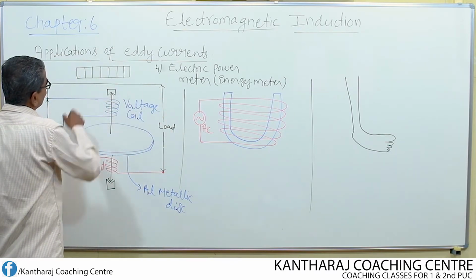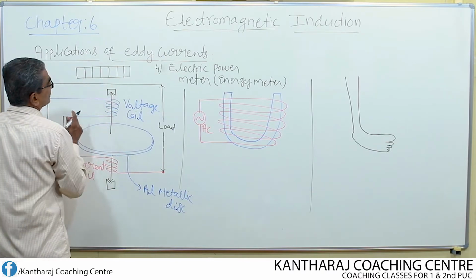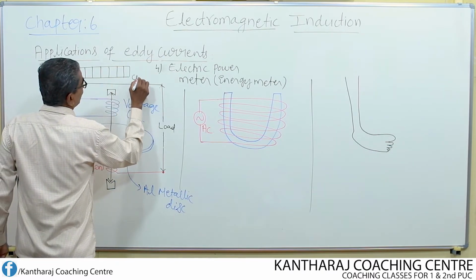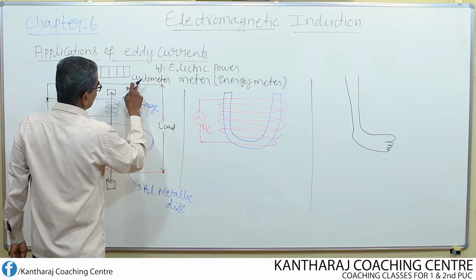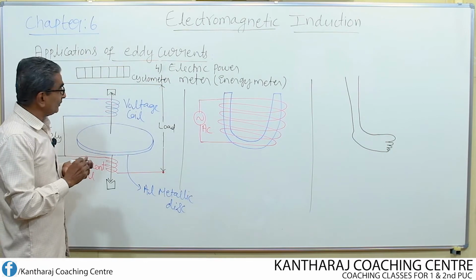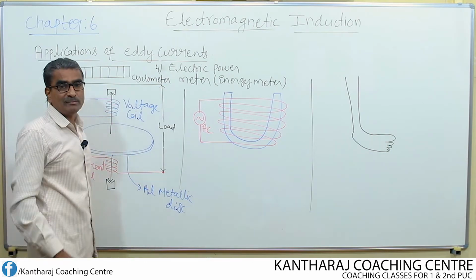Now just above this, we can notice one meter. What do we call this? We call this a cyclometer. What does the cyclometer actually do? The cyclometer gives the number of rotations made by the aluminum disc.